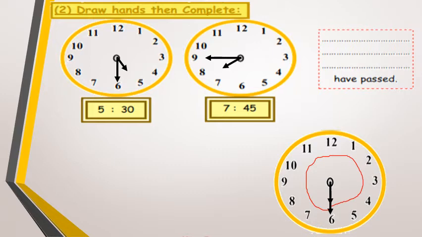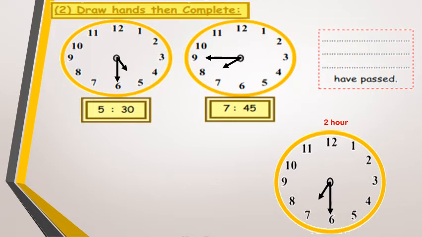This means it moved the whole circle, and this whole circle means a whole hour. Again, I moved the long arm a whole circle, so the short arm will move to the next hour, so this will be another hour. Then I will move the long arm a whole circle, so it will make another hour, and it will be 7:30. It will be 2 hours.